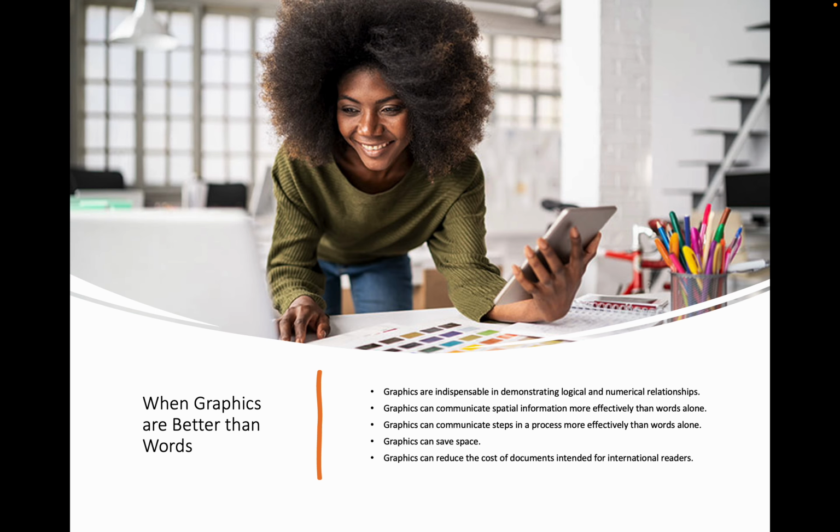So let's talk about when graphics are better than words. Graphics are really indispensable when we're talking about demonstrating logical and numerical relationships. Something like a chart or a graph does way more for our brains than just explaining those numbers to us.